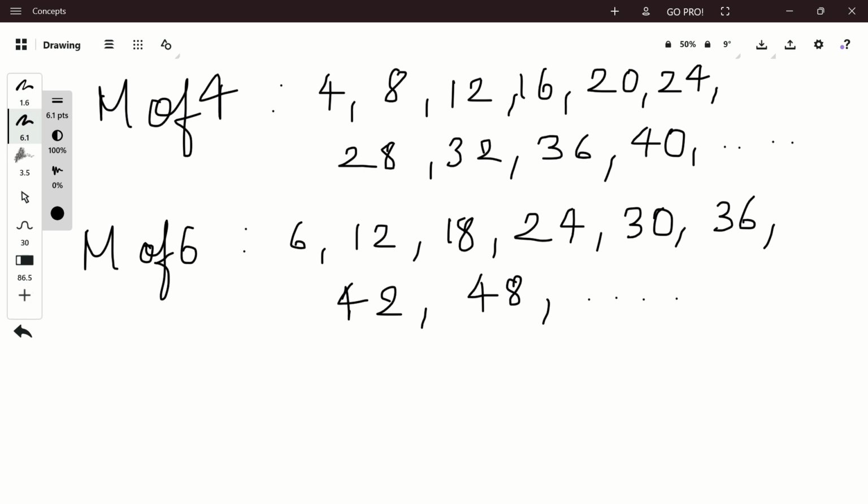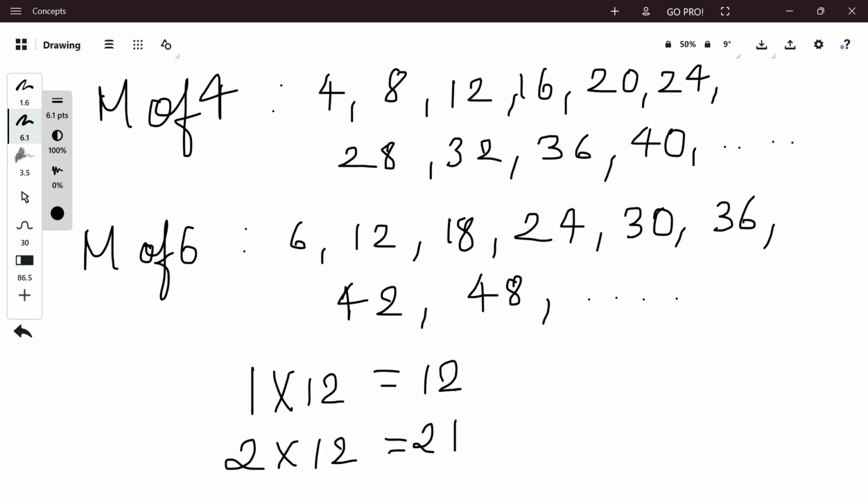The common multiples are multiples of the LCM. That is, the first multiple is 1 into 12, which is equal to 12. Second is 2 into 12, that is 24.